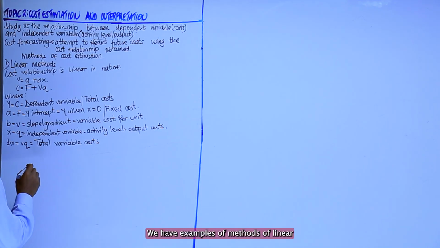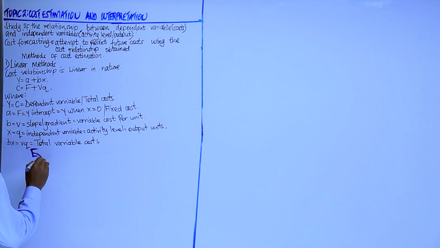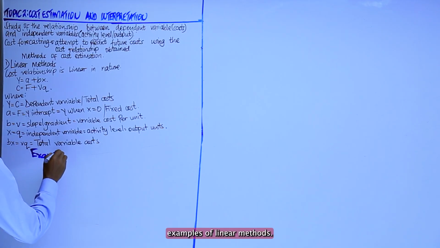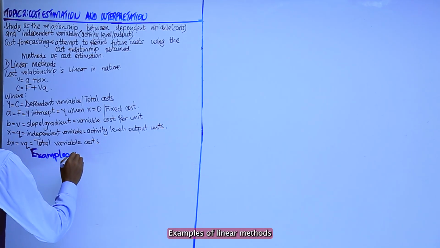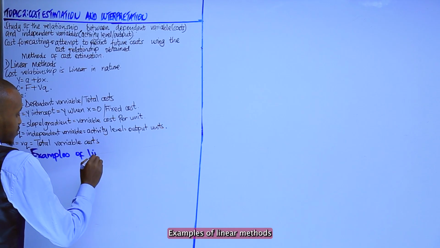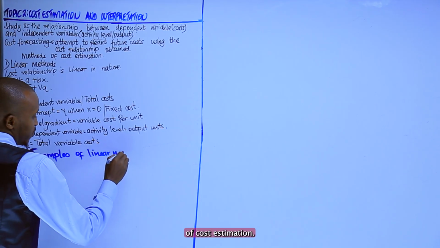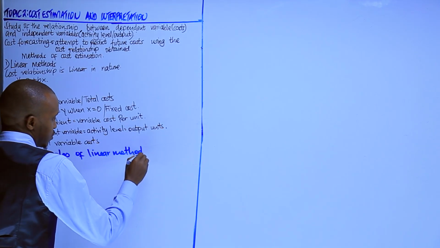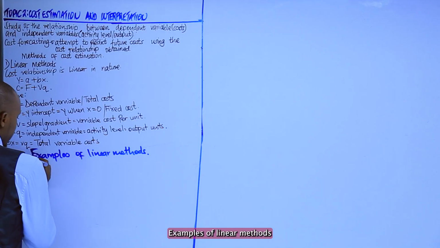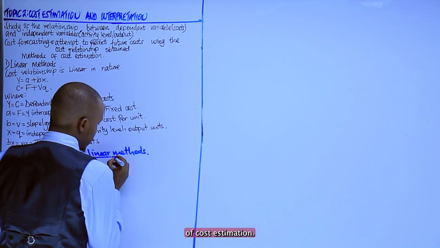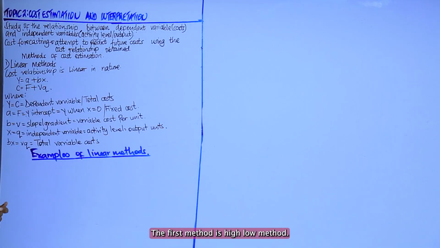We have examples of linear methods of cost estimation. The first method is the high-low method.